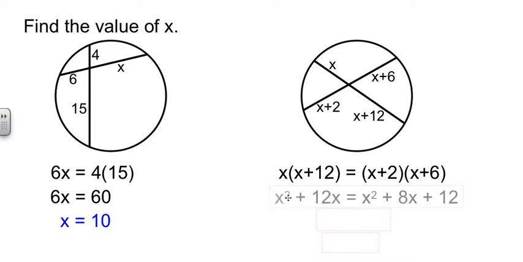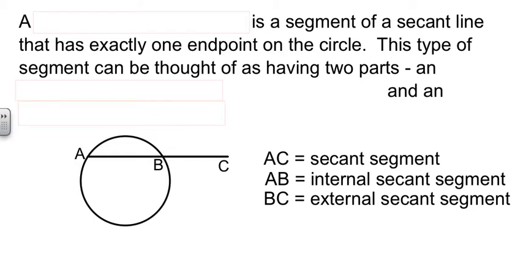We need to distribute things out. I'm going to subtract x squared from both sides and they cancel, which makes life a lot easier. We'll subtract the 8x over and we'll get 4x equal to 12, which tells me that x is 3. That was an intersection on the inside of the circle.